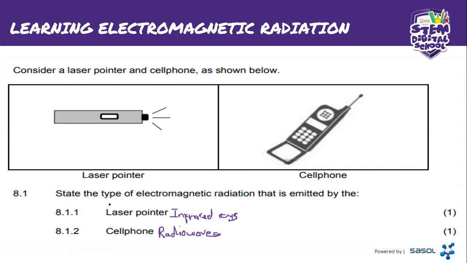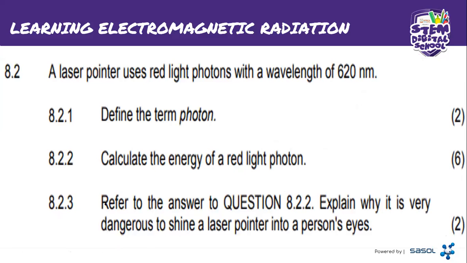Then we get to the next question, 8.2. A laser pointer uses red light photons with a wavelength of 620 nanometers. Define the term photon. We definitely know a photon is a quantum of energy.